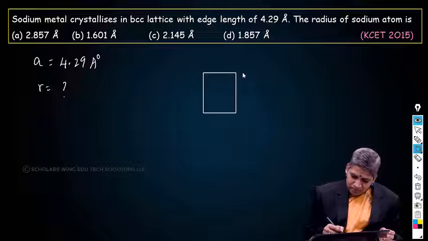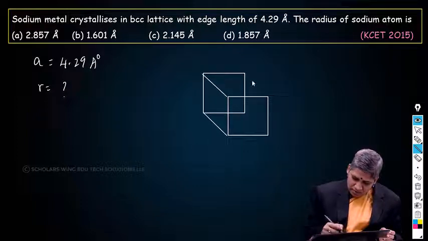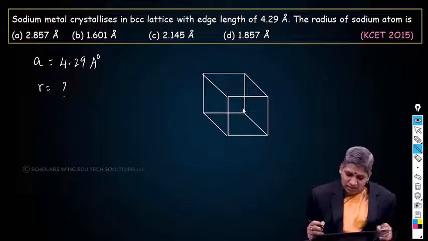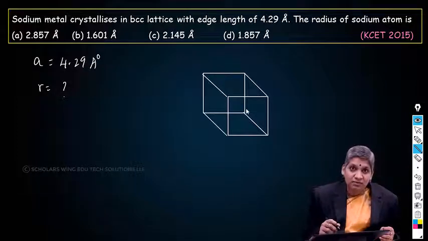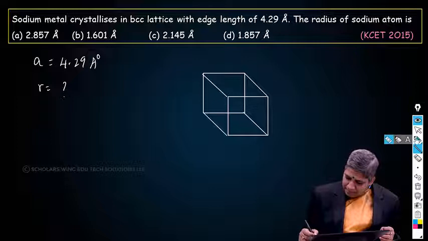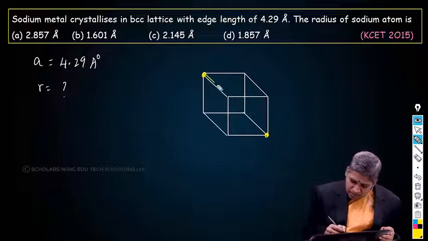Let me draw quickly for you. While explaining the packing efficiency in the case of BCC, I highlighted 3 atoms: 2 at the corners and 1 in the body center. If you join from this point to this point, this is the body diagonal.